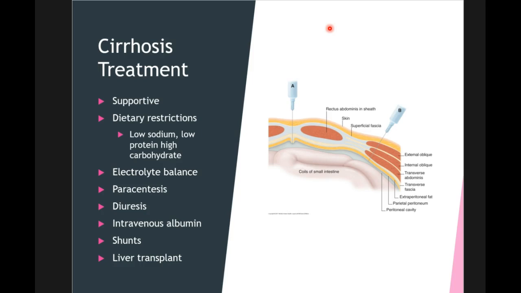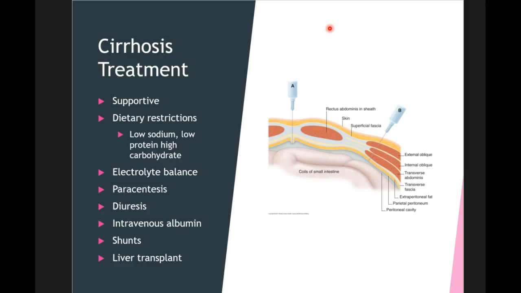They need dietary restrictions in protein, as well as in sodium intake. They may also need to take on a low fat diet. Remember, the liver makes bile. The liver's not working. Okay.